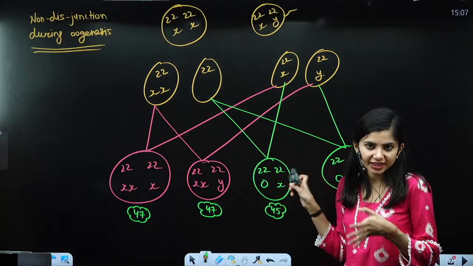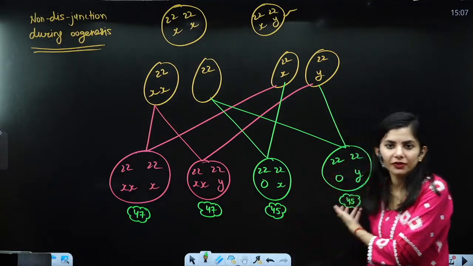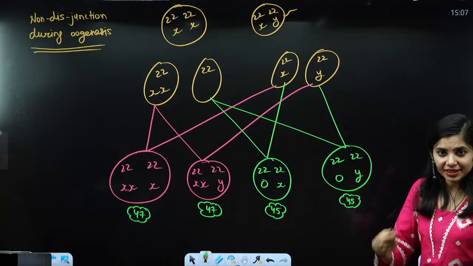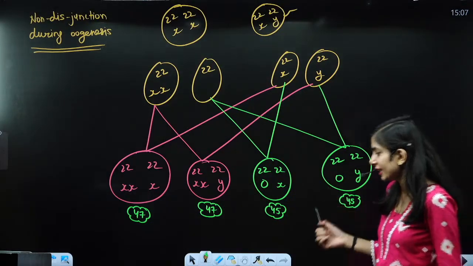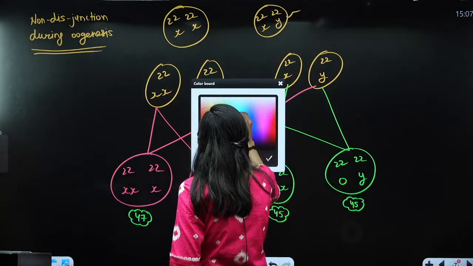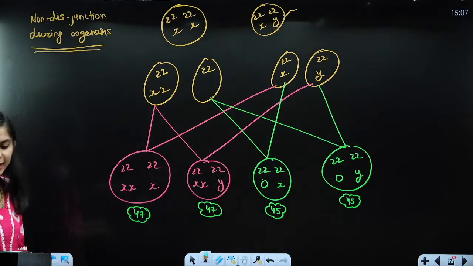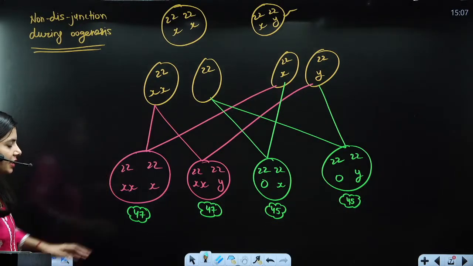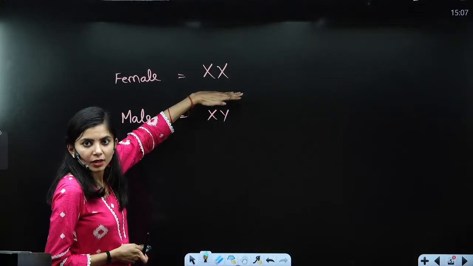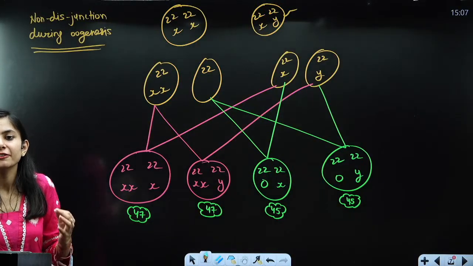This type of non-disjunction in oogenesis gives us the result that there are some cases, and these cases are showing numerical aberration, meaning changes in number, when the number is not adequate, not as required. Now for a normal female we require double X. When there is triple X, it would be specified as super female syndrome.